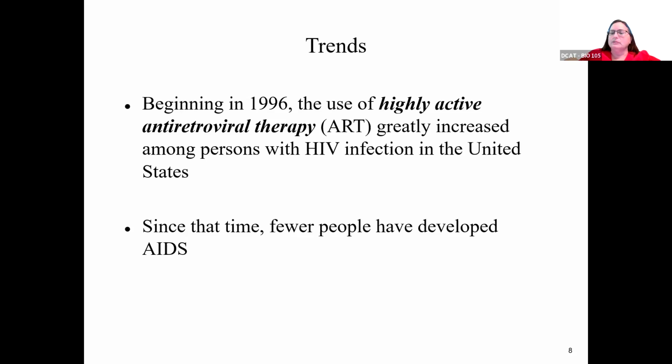It allowed them to live and not progress to AIDS, or if they did progress to AIDS, they were able to live a lot longer than just the 10 years. So since that time, fewer people have developed AIDS. So if the person who is diagnosed truly takes on responsibility and accountability of the treatment that they need to do, again, they can live a very long time without progressing to AIDS.